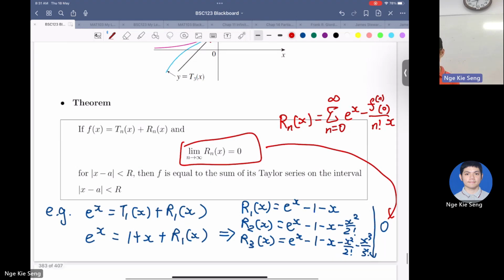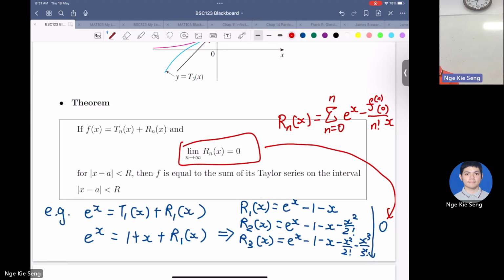Then you need to look at this partial sum and show that this series converges to 0 as n goes to infinity. But it's a hard question. Usually it's hard.